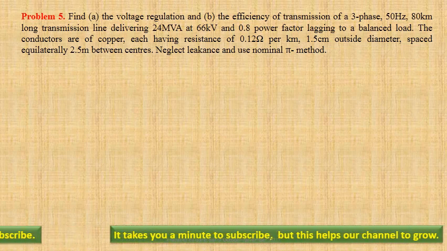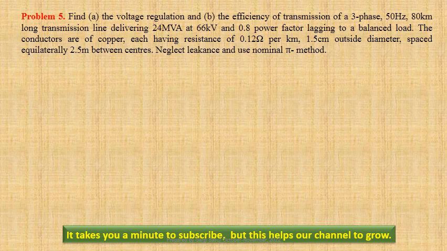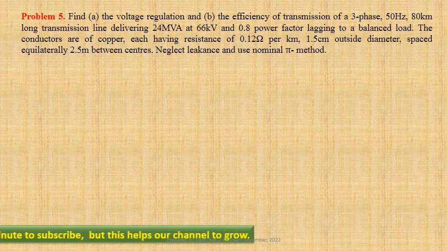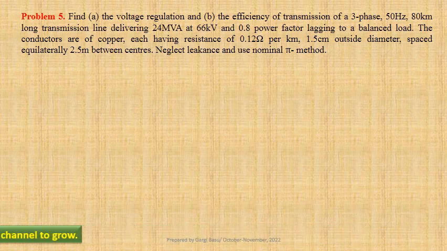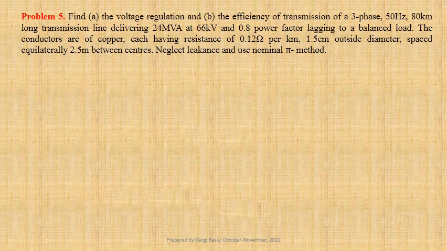The conductors are made of copper, each having resistance of 0.12 ohm per kilometer, 1.5 centimeter outside diameter, spaced equilaterally 2.5 meter between centers. Let us first write down the given data.